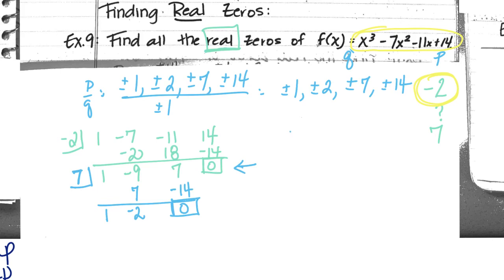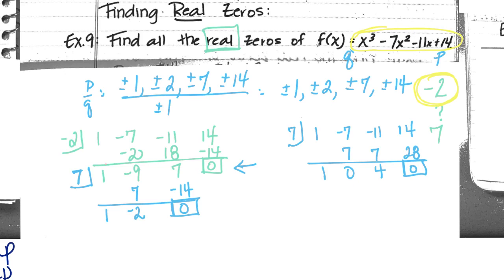What happens if I tried it this way with the numbers across? 1, -7, -11, 14. 1, multiply up, add down, multiply up, add down, multiply up. Notice that doesn't work. So -2 is the only one that I could use that works.